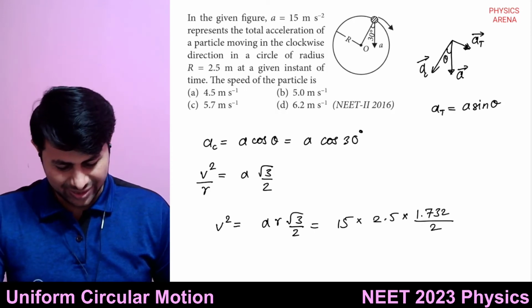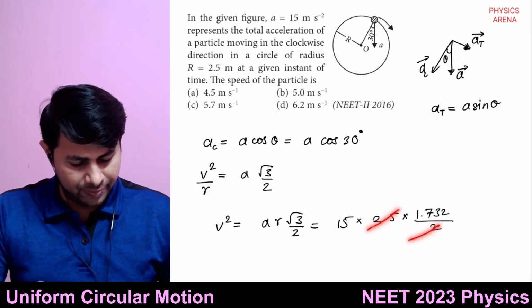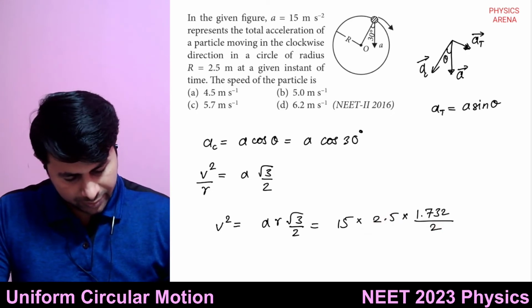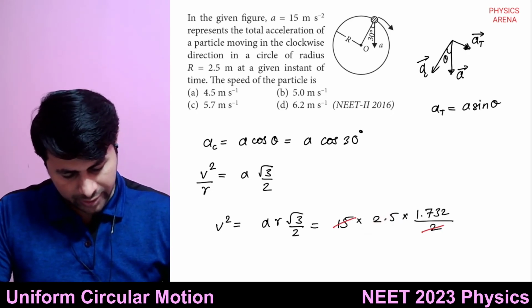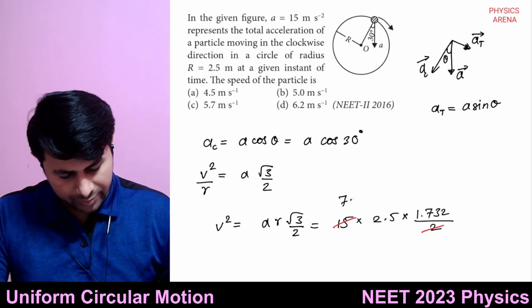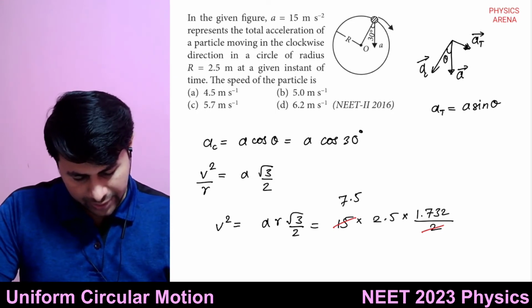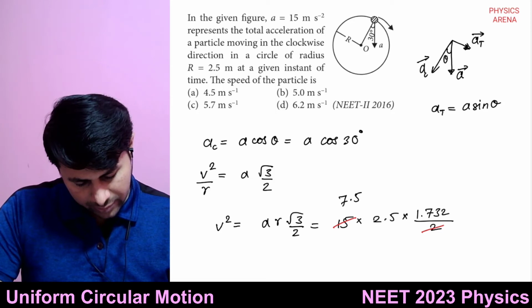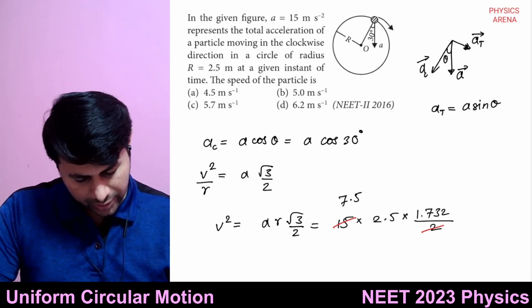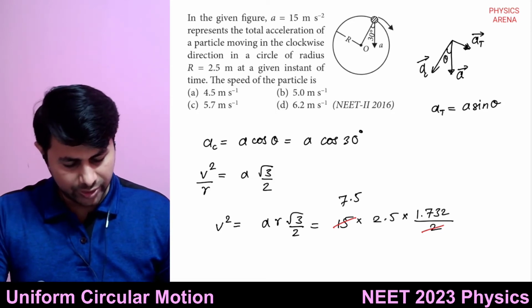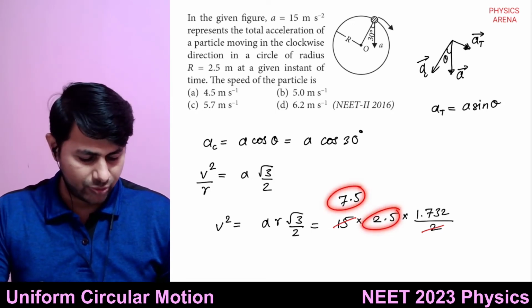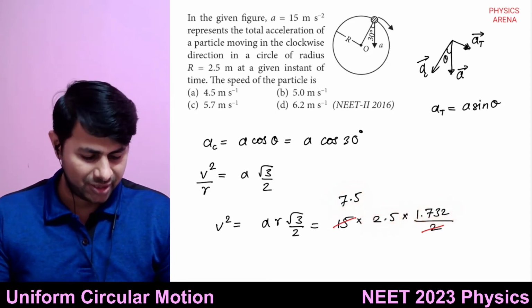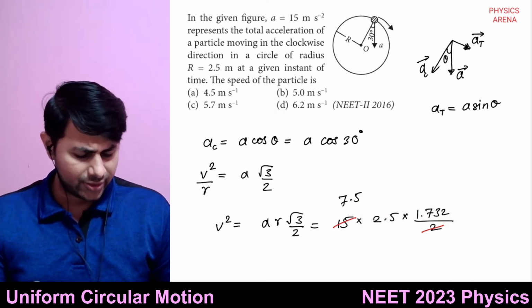Getting the calculation, if we divide this, it will be 7.5 times 2.5 times 1.732. This is the v square and we want the square root of that. Approximately, can somebody say?